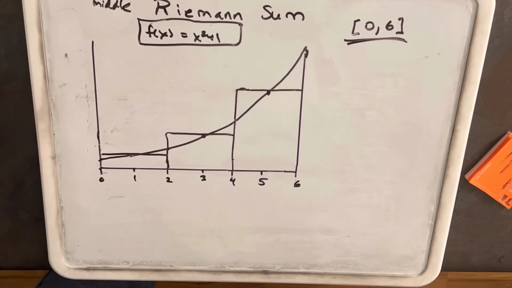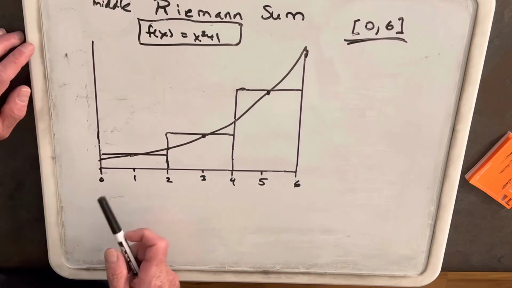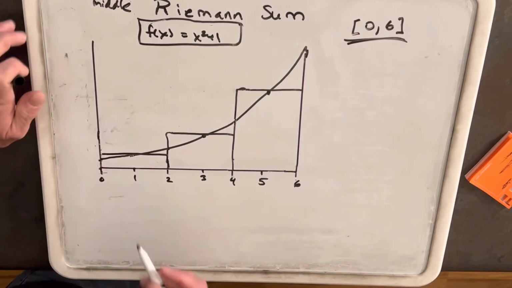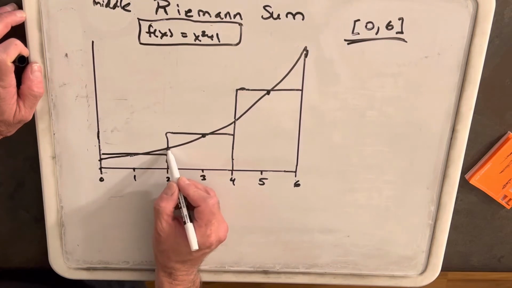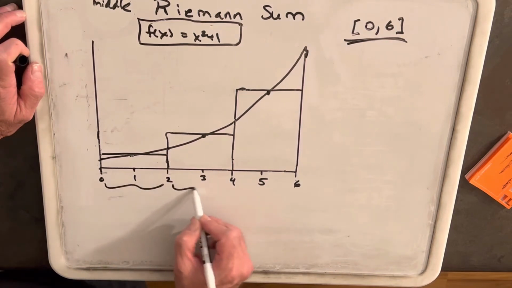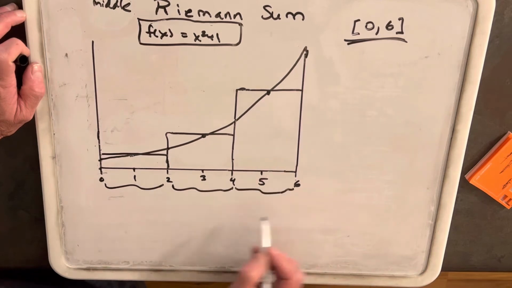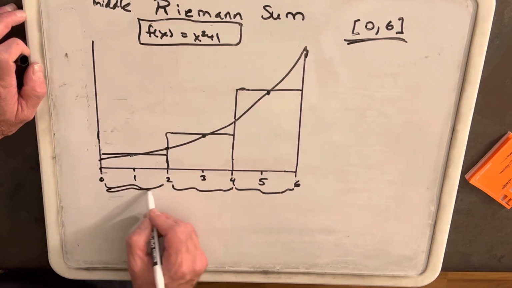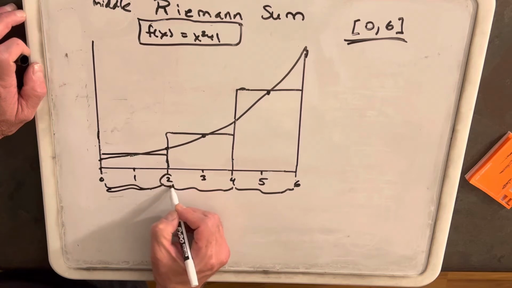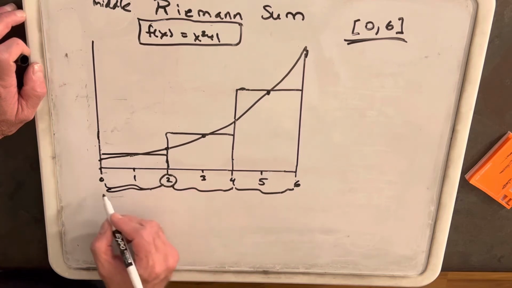So first, let's look at the difference in how we're calculating the height. In the first video, when we calculated the height, we were doing the right Riemann sum. So we have these three subdivisions. To do a right Riemann sum, you calculate the height from the right endpoint, right? If we're just looking at this first one, we would have calculated from the right endpoint.